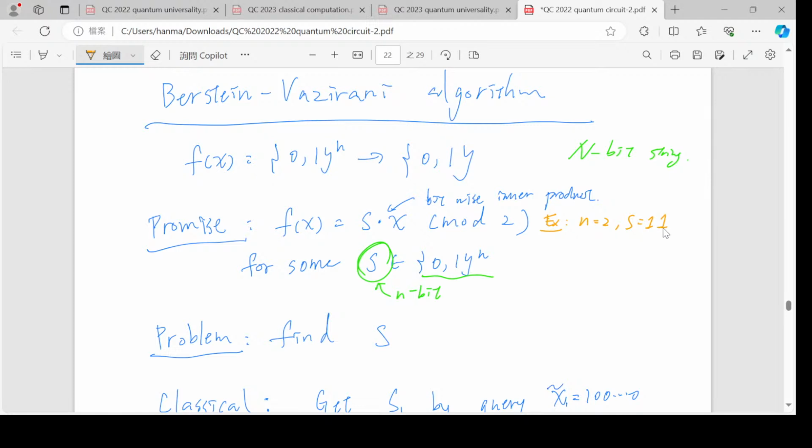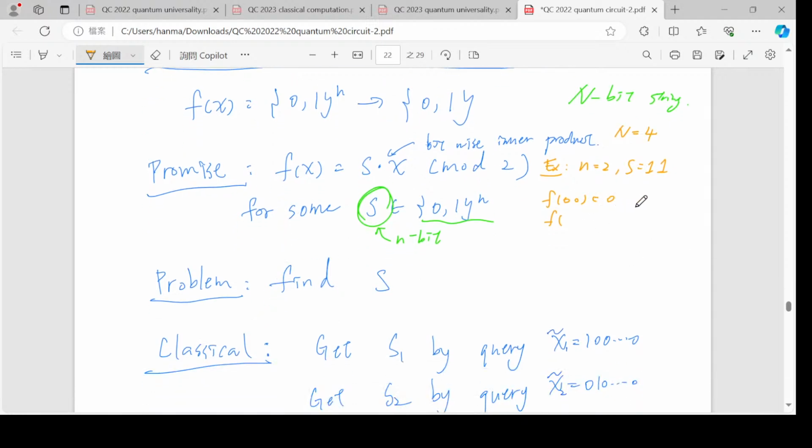And so we will have our truth table. I confused myself a little bit: small n equals 2 and big N equals 4, so it's actually a 4-bit string. So f of 0, 0 equals the inner product of 0, 0 and 1, 1, and that's 0.